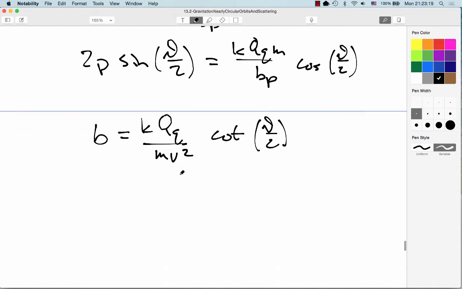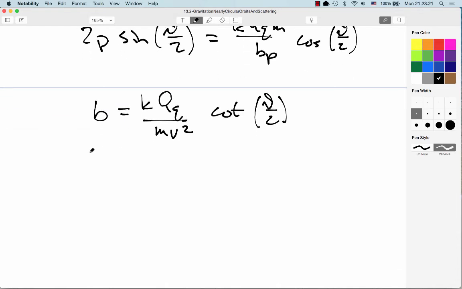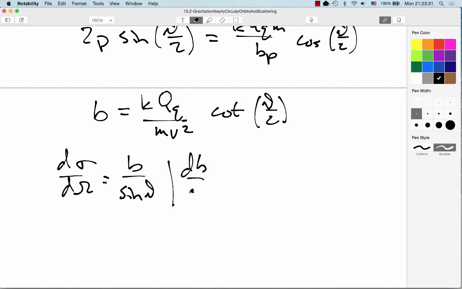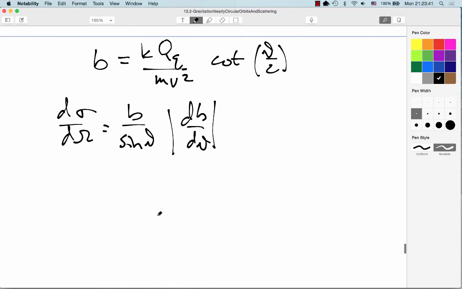So finally, remember we said that d sigma d omega is equal to b over sine theta times db d theta. Yes. All right, so b we can plug in, so we've got here 1 over sine theta. b itself is kqq over mv squared.